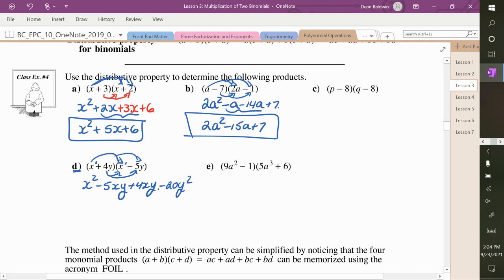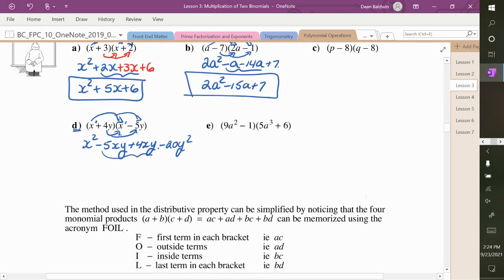Y times y is y squared. Can you simplify this? The two middle terms. Negative 5xy plus 4xy is negative xy. Negative 1xy if you prefer.